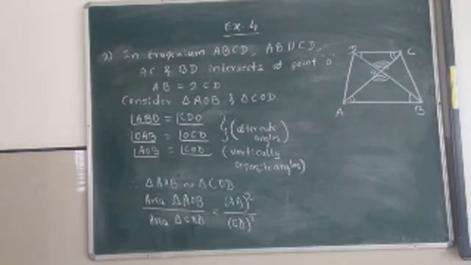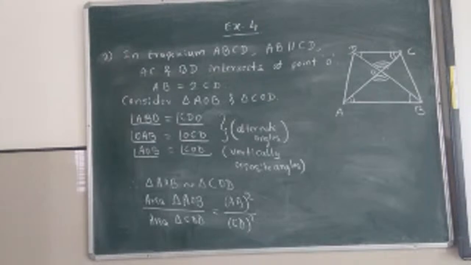Once again, I will explain. Here in trapezium ABCD, AB is parallel to CD is given. Then AC and BD intersect, that means the diagonals intersect at point O. And also given that AB is 2 times CD. Now we have to find the ratio, so I will consider triangle AOB and triangle COD.